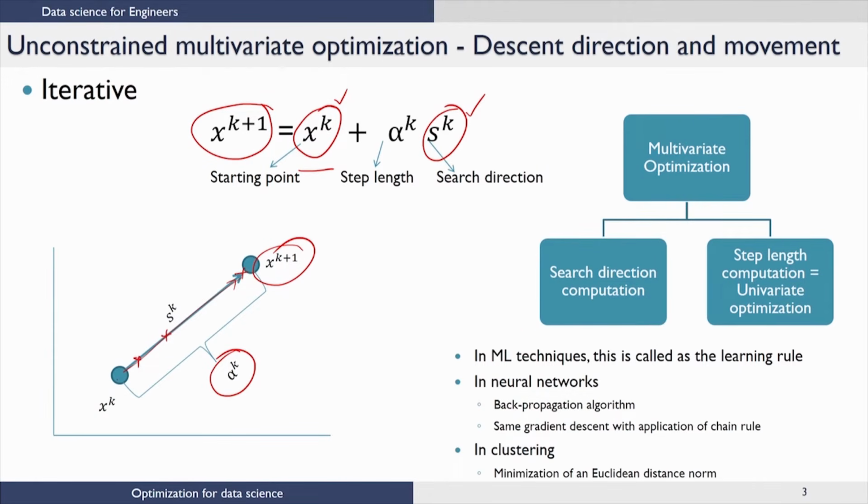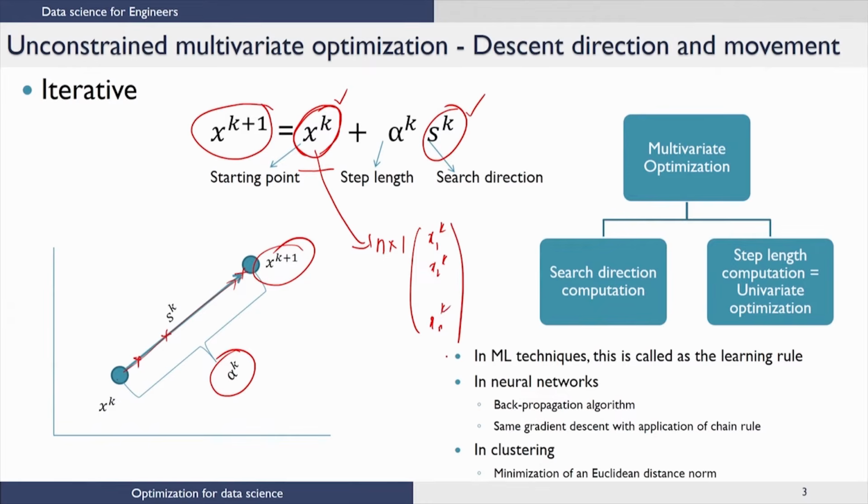Notice that something interesting has happened. If I am at a particular point, remember this is also a vector because we are talking about a multivariate problem. So, there are several decision variables. This will be an n by 1 vector if I have n decision variables, so this could be something like x1k, x2k all the way up to xnk.